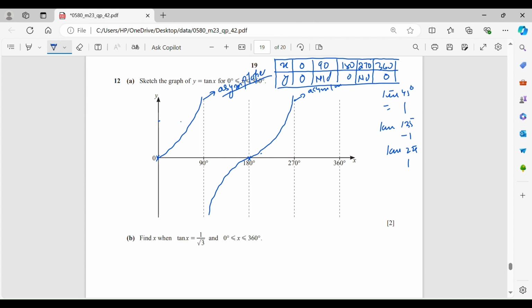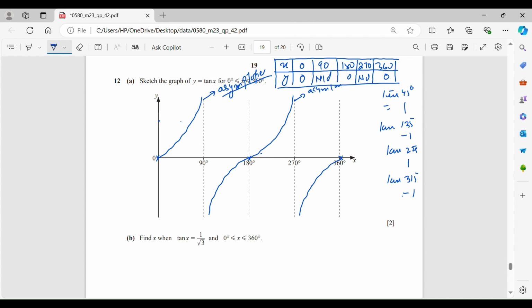Next will be at 360, it is 0. We will take one value between 270 to 360, that is tan 315, it will be negative 1. So the graph for here, it will be negative 1, will be like this, right? This is the graph, right?